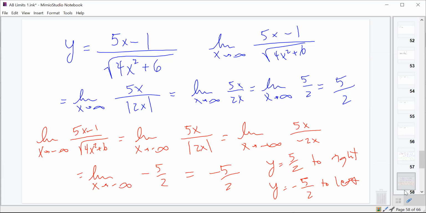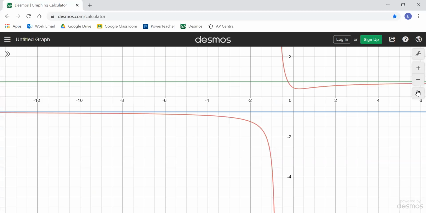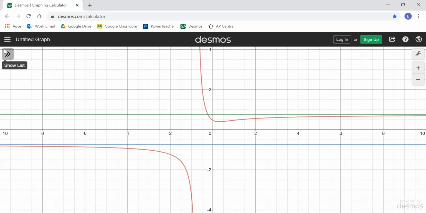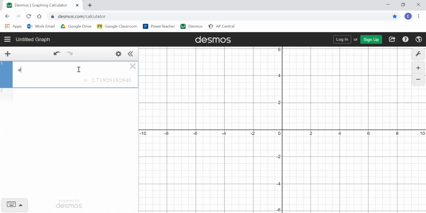So next up, we're going to move into dealing with some exponential functions. So we're going to start with the function e to the x and e to the negative x. Before we worry about these limits, let's real quickly go back here in Desmos and just, you should all hopefully know what e to the x looks like, but just to refresh your memories if you've forgotten, it's just a simple exponential function.